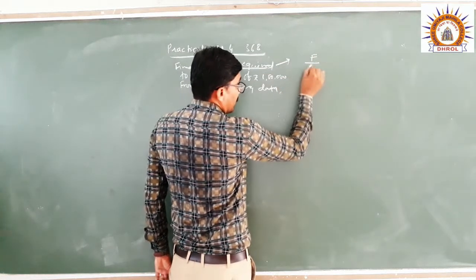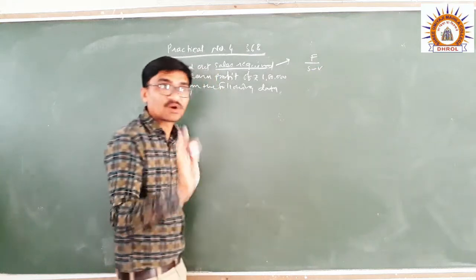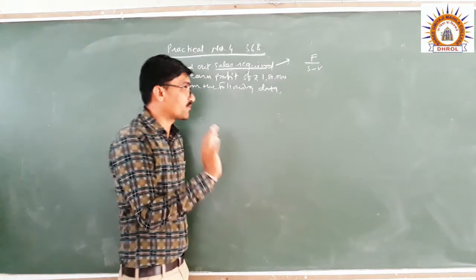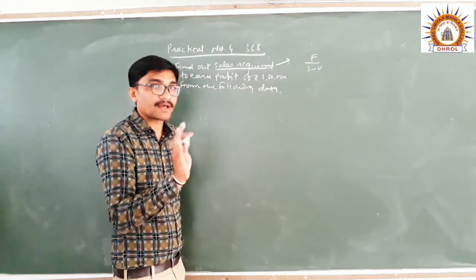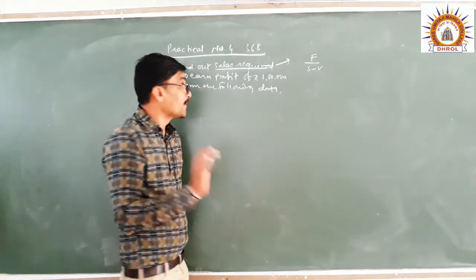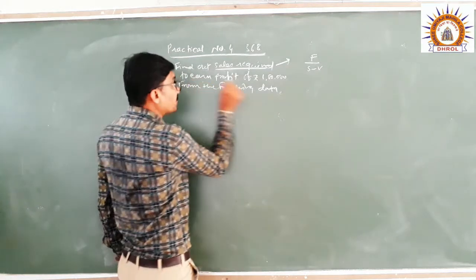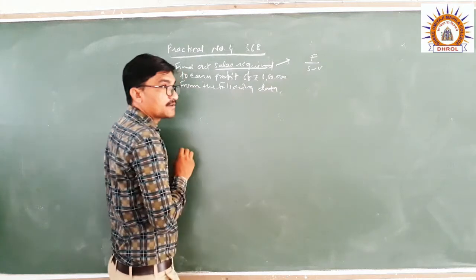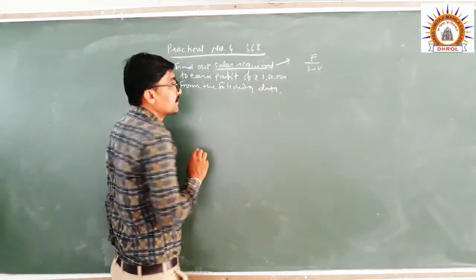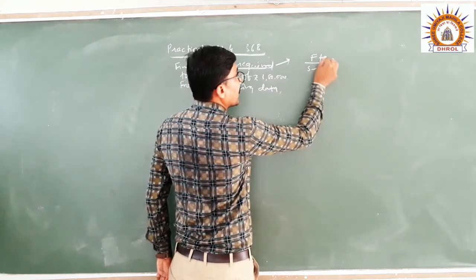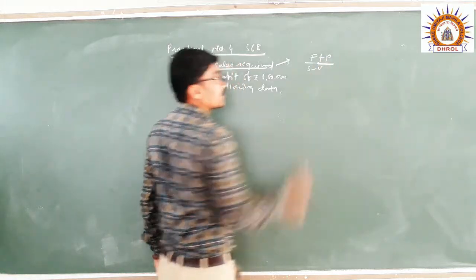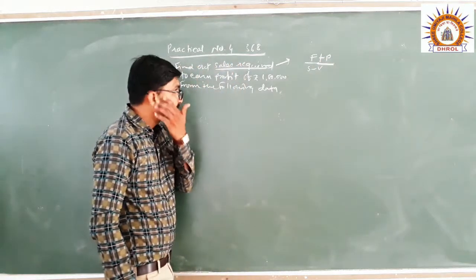Simple, F upon S minus V, you know that well, and this formula relates to the break-even point in terms of units. If you see the words to earn a profit of rupees 1,80,000, then you simply add it to F, that is F plus P.